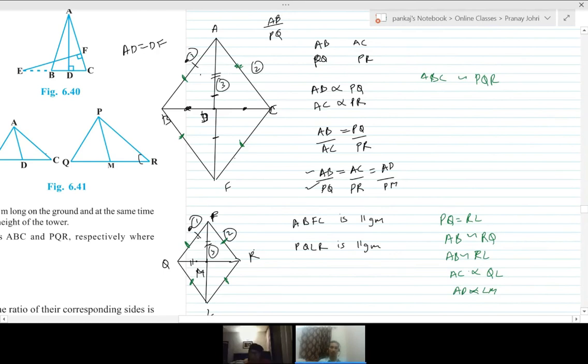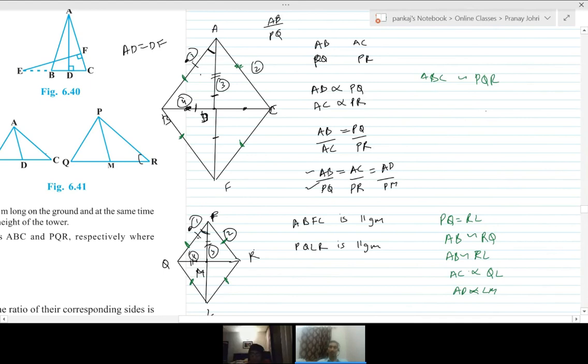Now what we are trying to achieve is, somehow, with these two side ratios given, if this angle becomes equal to this angle, or else the ratio of this becomes equal to this, these two things we can prove.